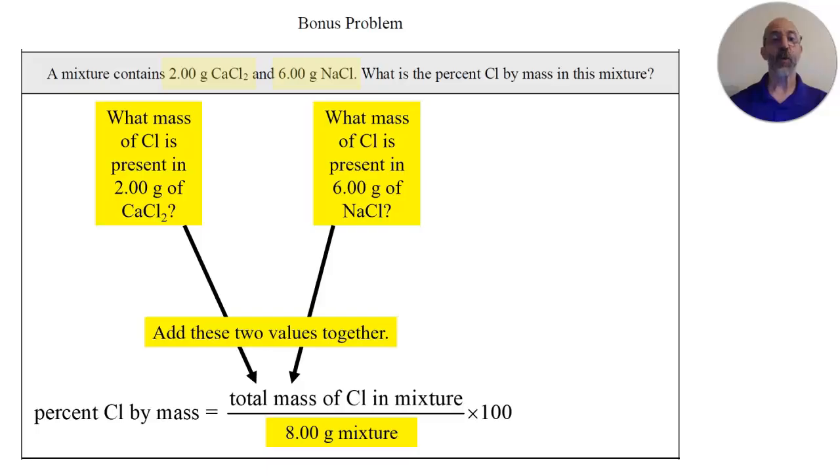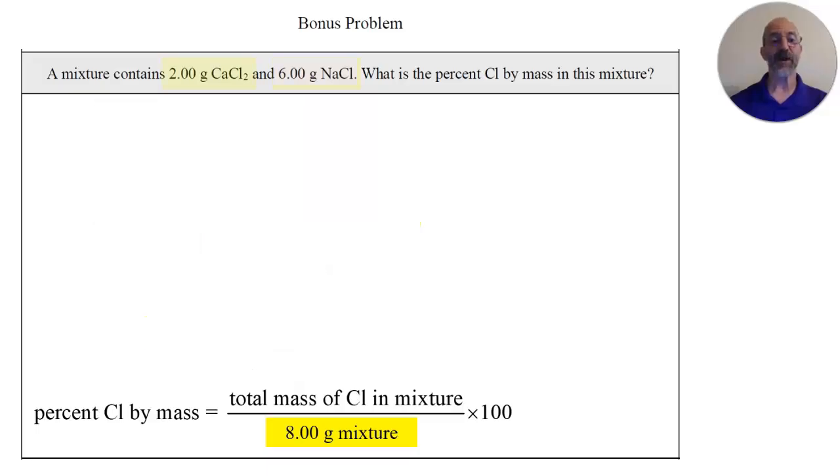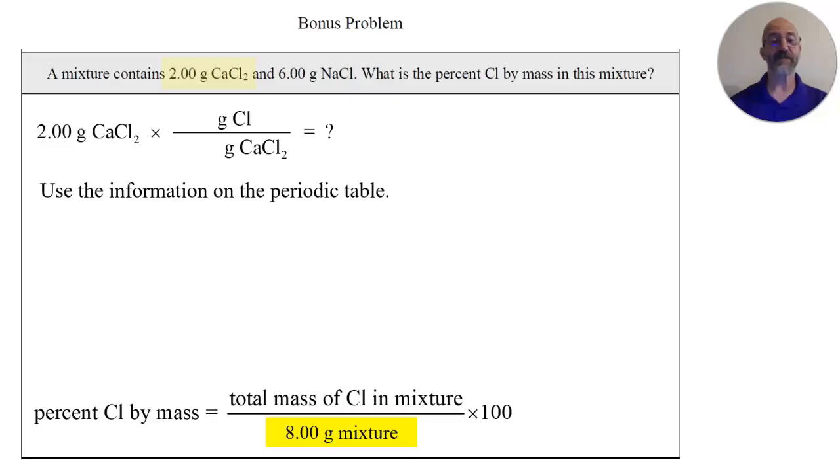All right, let's start with what mass of chlorine is present in 2 grams of calcium chloride. Now, the missing numbers that I need to go from grams of CaCl2 to grams of just Cl are going to come from the periodic table.